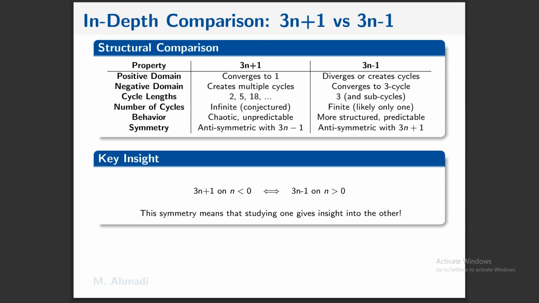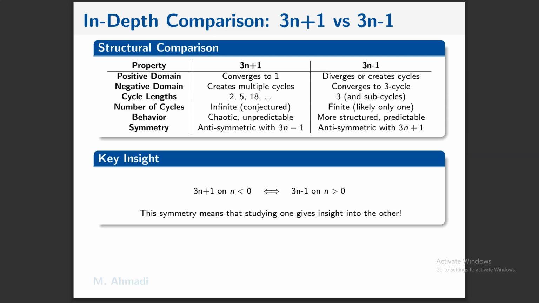Also, we have some comparison between 3n plus 1 and 3n minus 1. The property of 3n plus 1 in the positive domain: it converges to 1. 3n minus 1 diverges or creates cycles for the positive domain. For the negative domain, 3n plus 1 creates multiple cycles: 2, 5, 18, and so on.